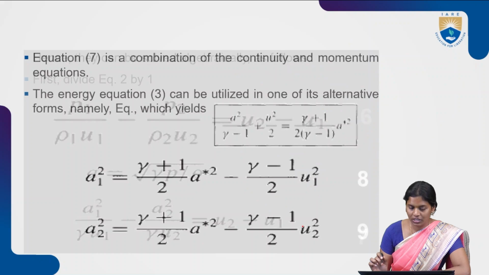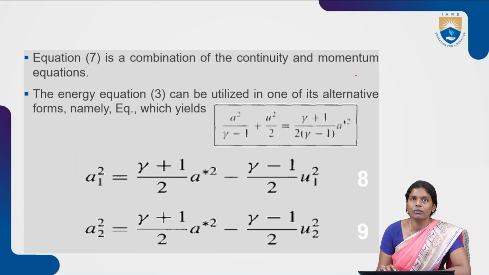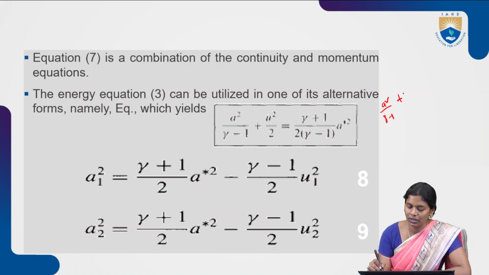So from this expression we will be having equation 7, which is a combination of the continuity and momentum equations. Now what we will be taking is the energy equation. Equation 3 can be utilized in one of the alternative forms of the energy equation. What we already know is A square by gamma minus 1 plus U square by 2 equal to gamma plus 1 by 2 gamma minus 1 into A star square.